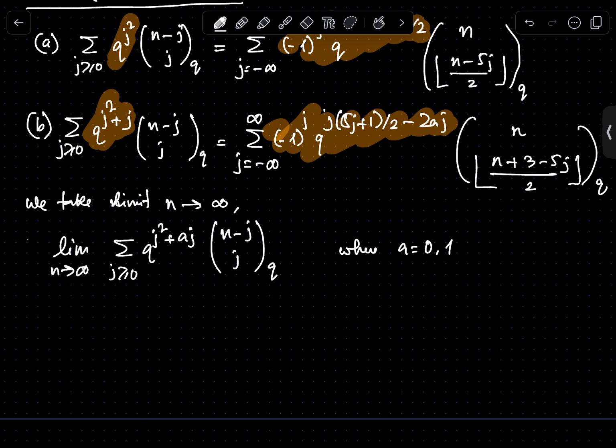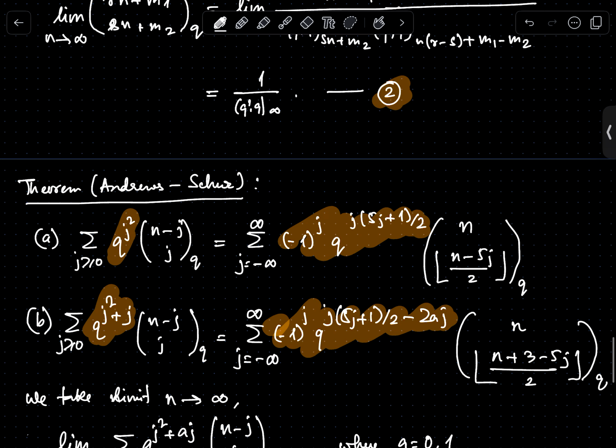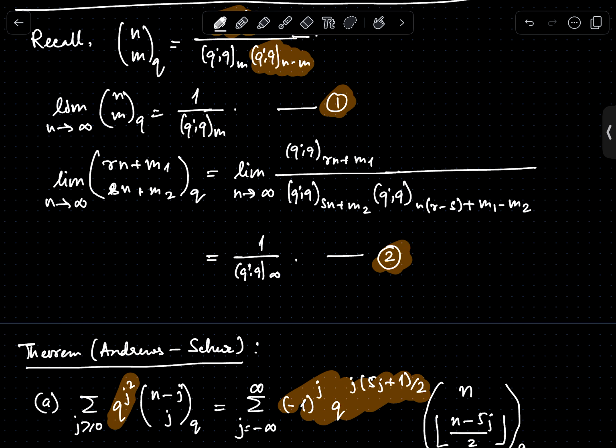So I want to take the limit as n goes to infinity of this, and the limit goes inside. So I have q^(j^2+aj), and the limit as n goes to infinity of the q-binomial (n-j choose j). Now we see that this is exactly what we had in the first equation, right?